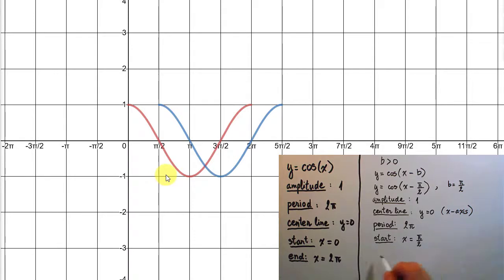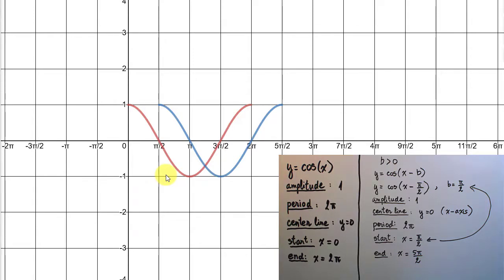And the end of this base unit is at x equals 5 pi over 2. And so, start making a note of how this value of the start is related to the b value in our function.